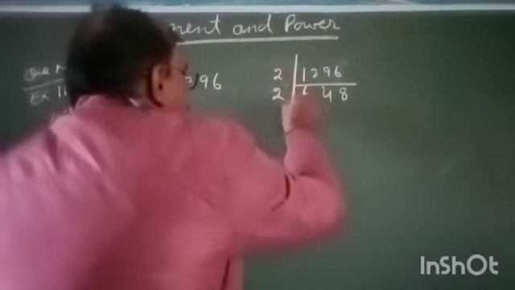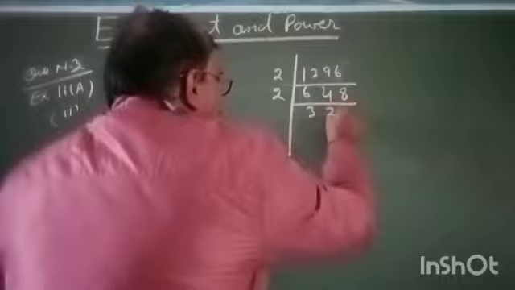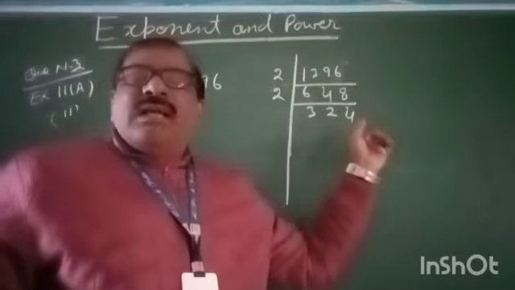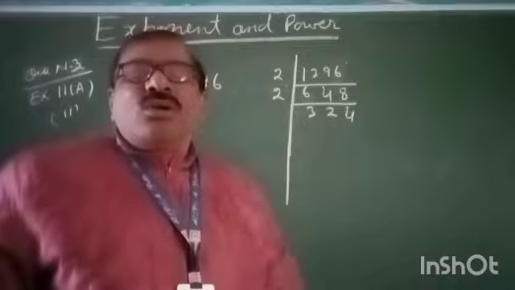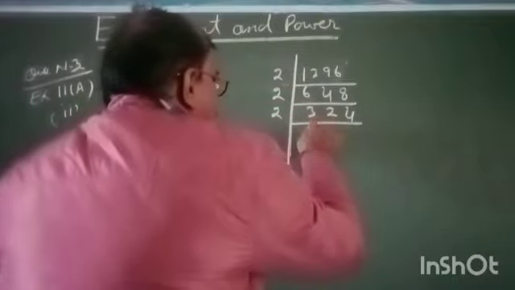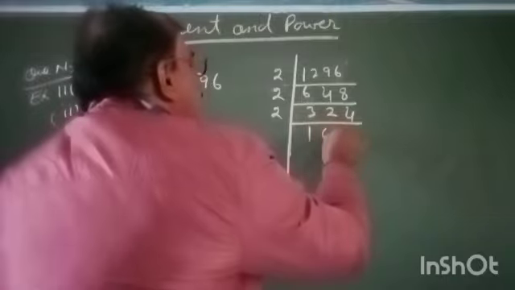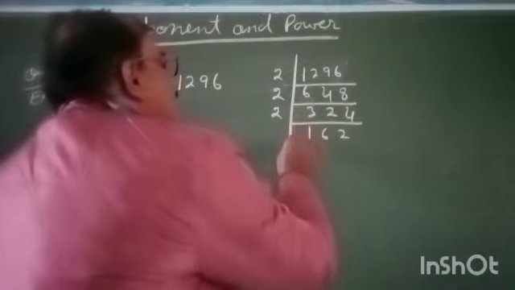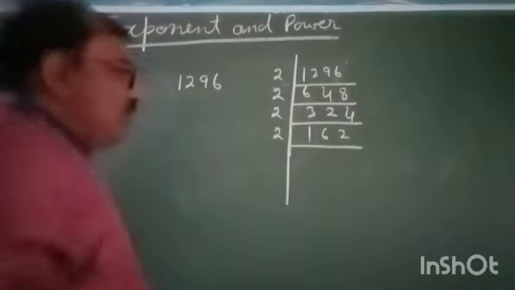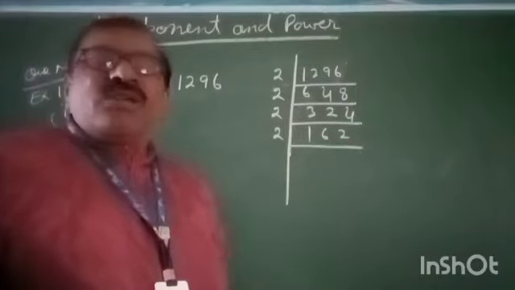Then 2 3s are 6, 2 2s are 4, 2 4s are 8. Here 4 is also an even number at the ones place, so it is also divisible by 2. 2 1s are 2, 2 6s are 12, 2 2s are 4. Now the ones place is an even number again, so it is divided by 2.